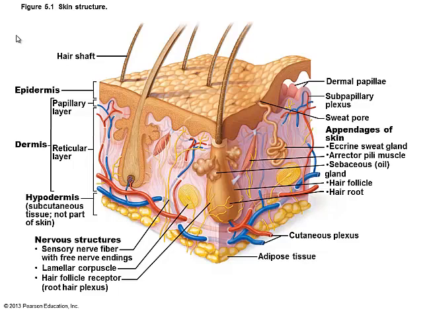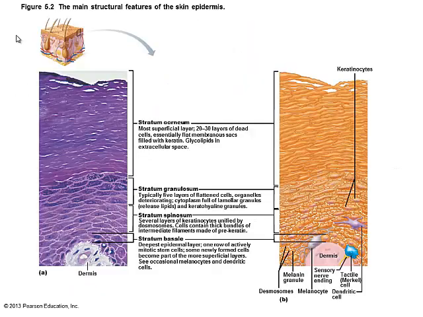So, first we start talking about the epidermis. Now, the epidermis is made up of epithelial cells, but that's not all we're going to find in the epidermis. The cells themselves that create that stratified squamous epithelial layer are called keratinocytes.